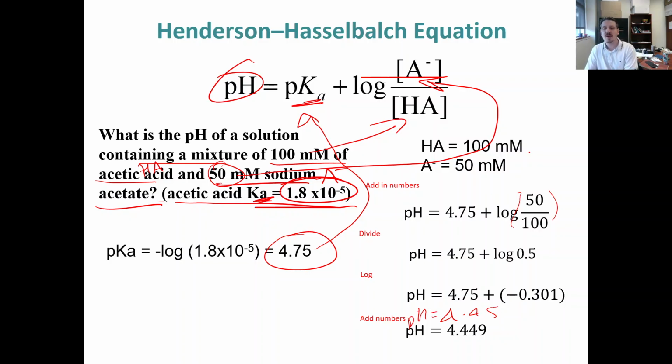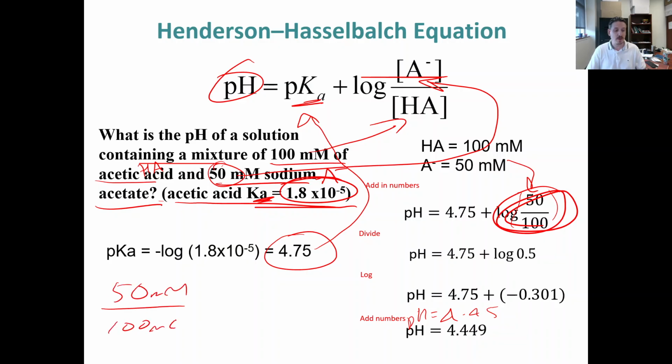Some people say, hey, wait a minute, I thought we had to express this in molar. How come you're expressing it in millimolar? Because it doesn't matter, because we're doing a ratio. It doesn't matter if it's 50 millimolar divided by 100 millimolar, the answer is 0.5. If it's 50 molar over 100 molar, 50 divided by 100 is still 0.5.